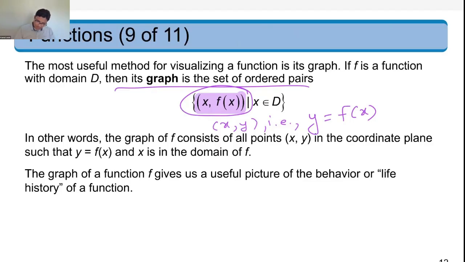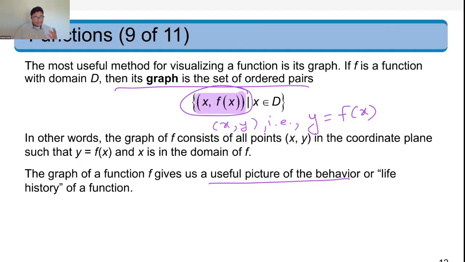Okay. And what is the usefulness of the graph of the function? It gives you a behavior of the function, first of all. We talk about that later also, whether it is increasing or decreasing, where it is increasing, where it is decreasing, where does it have a max value, and where does it make a turn.